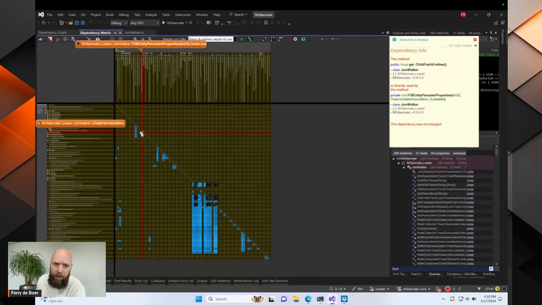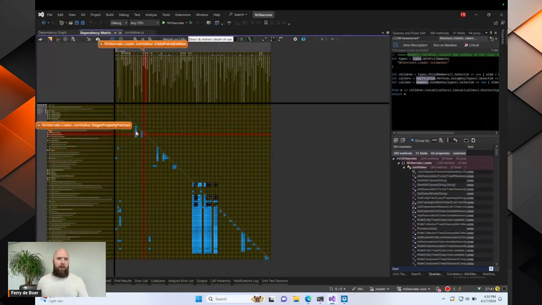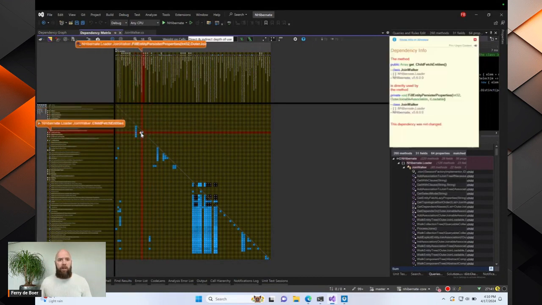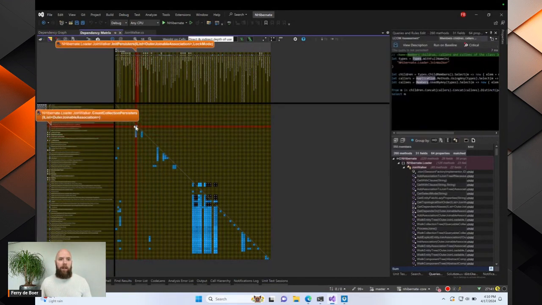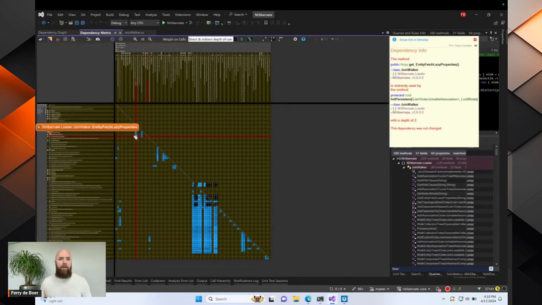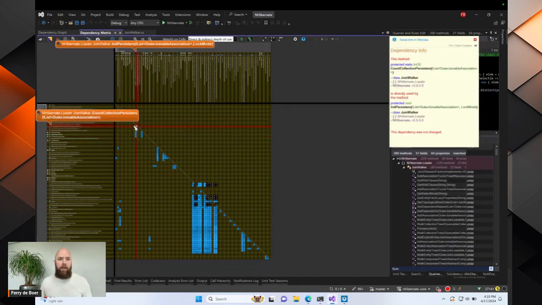So I think this makes it easy to reason about, but you miss the clear squares. But here you see that there are two methods that are acting on a set of other fields or methods which are not being accessed anywhere else.